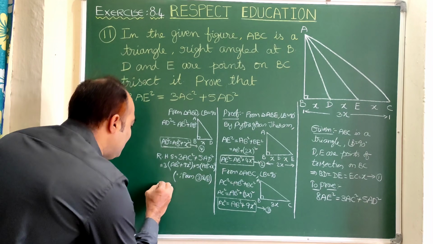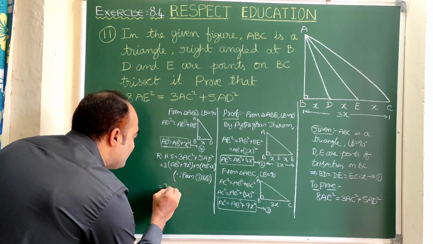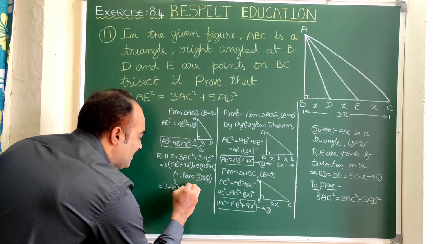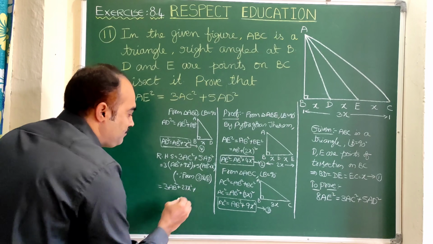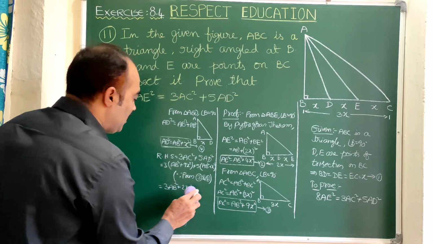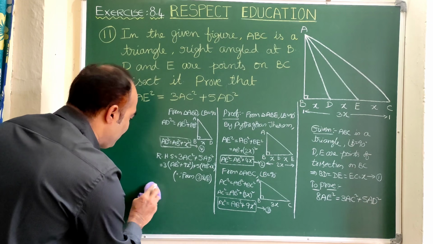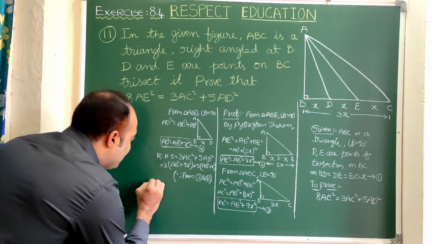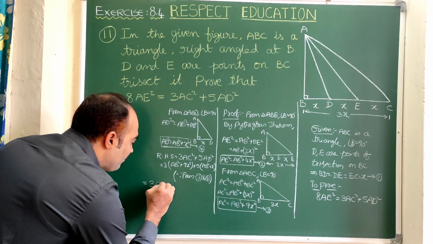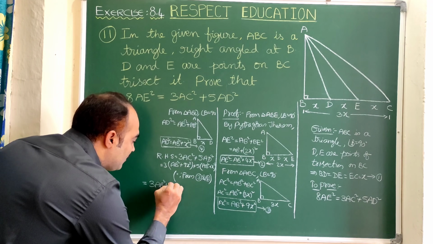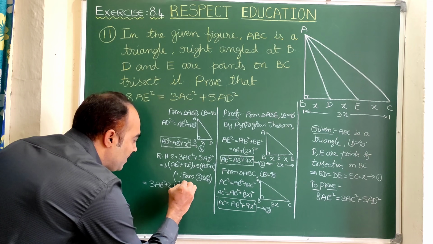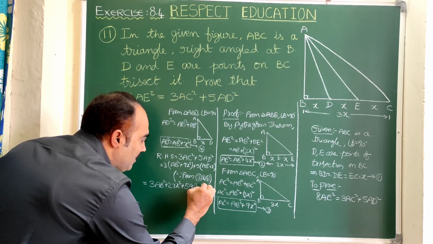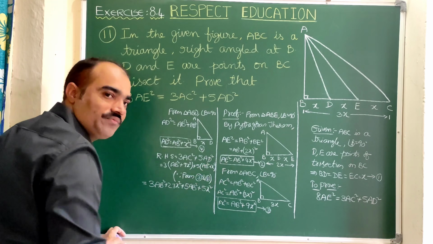So let us simplify this. 3 into AB square is 3AB square plus 3 9s are 27x square plus 5 into AB square, 5AB square plus 5 into x square is 5x square.